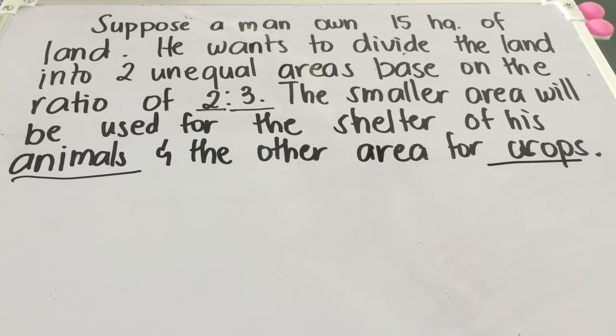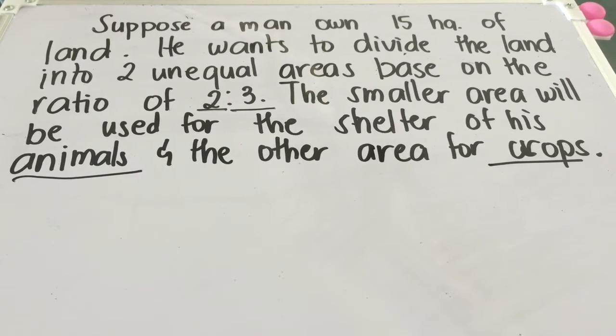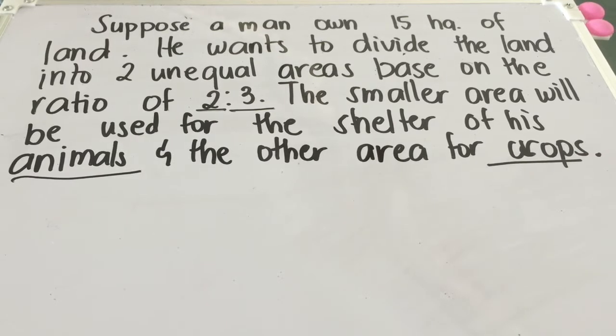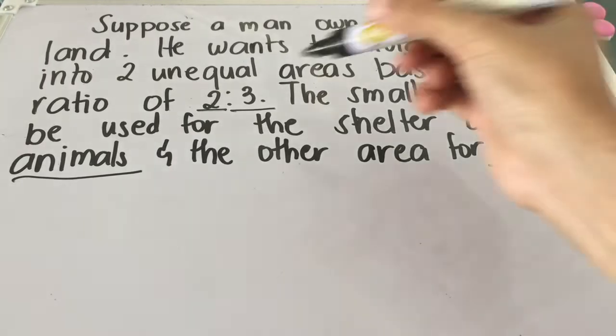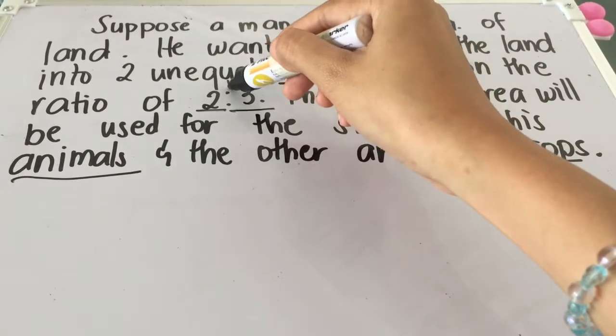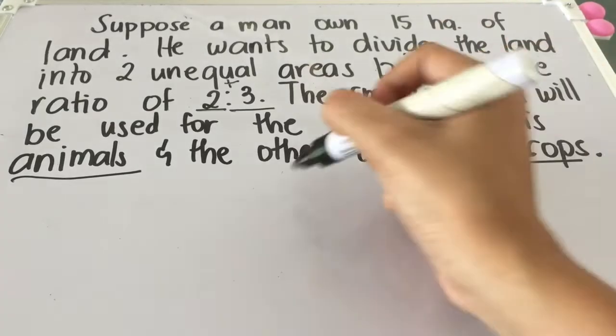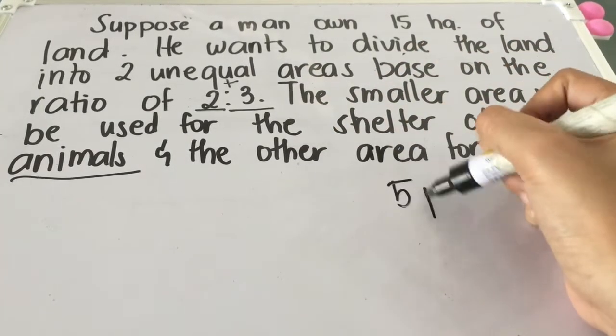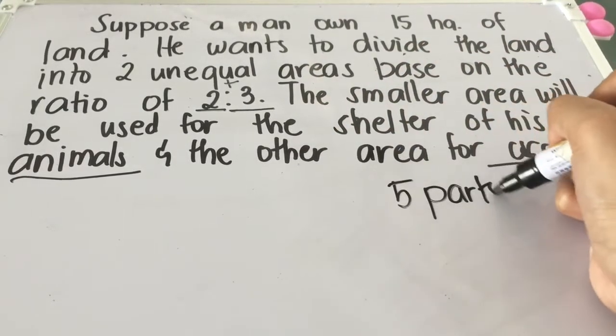As we can see in the illustration, in order to divide the land in a ratio of 2:3, we first need to partition the whole land into 5 parts. So 2 plus 3 equals 5 parts.